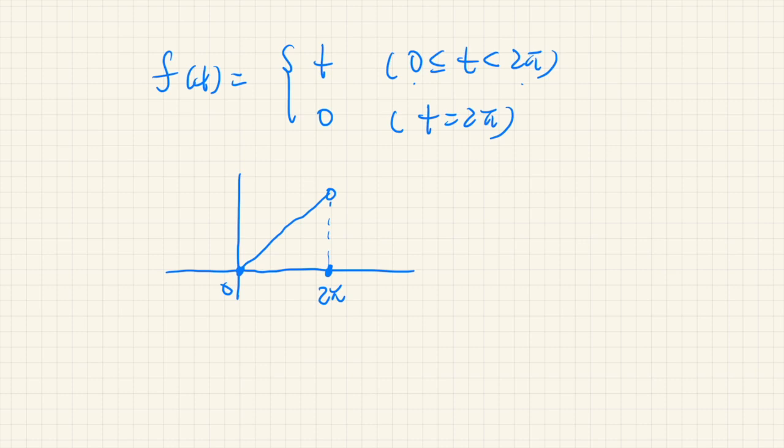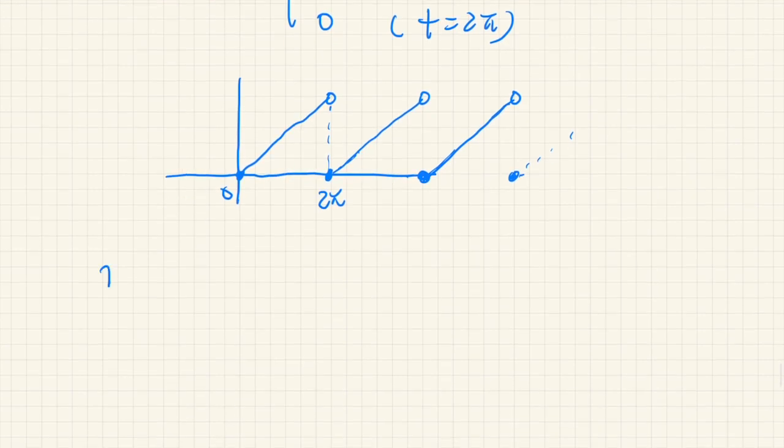And we can consider this function as a periodic function by repeating this shape over and over, and so on. And let's find the Fourier series of this function.